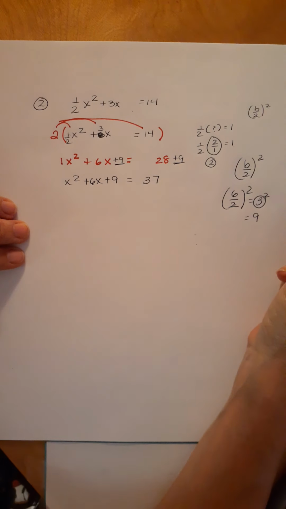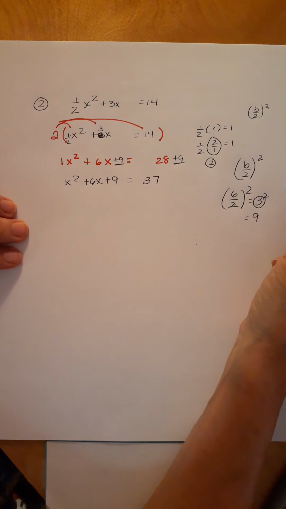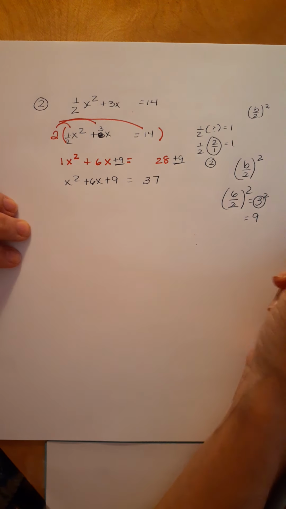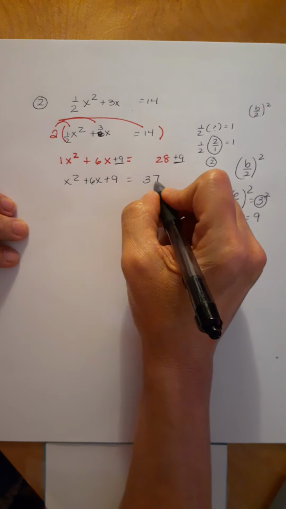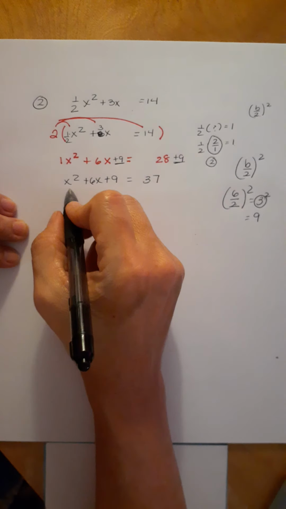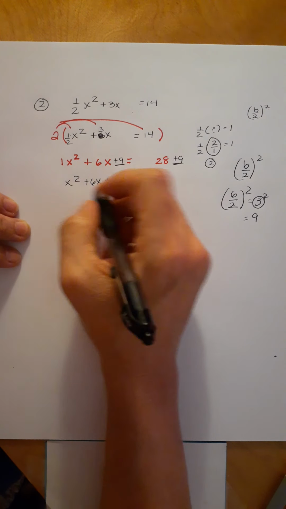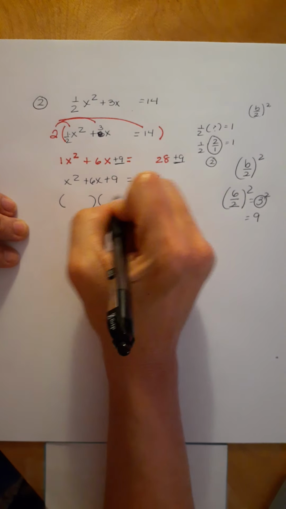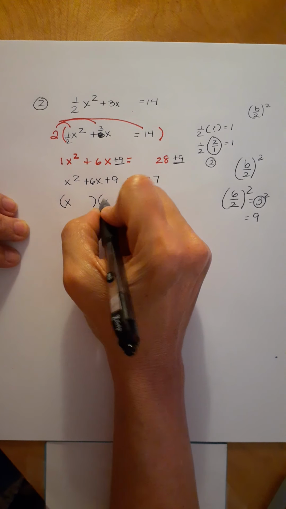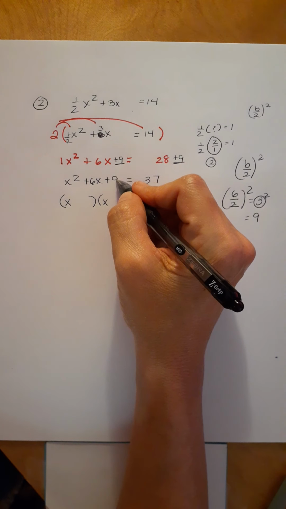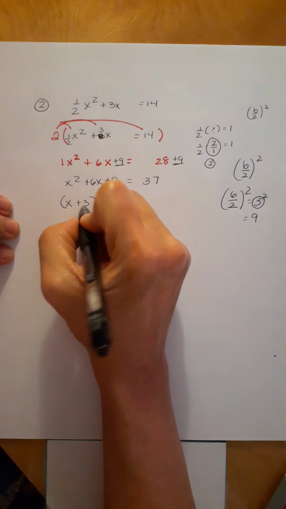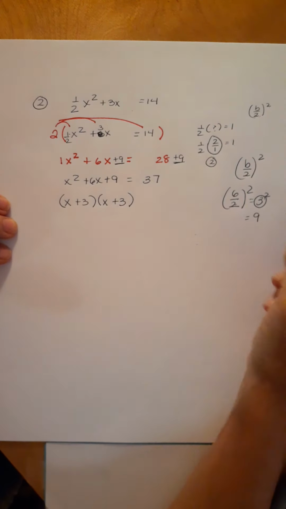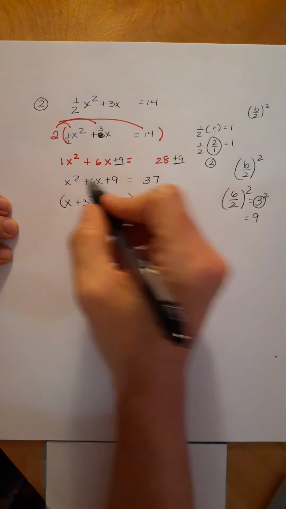All right. Now this one kind of looks easier, but it's going to come out a little ugly, I think, but not too bad. All right. So we're going to have to find the perfect square of 37 and the perfect square here. This one, let's go ahead and figure it out. X squared is x times x, and 9 is 3 times 3, there's my number, and it's positive, plus 3, plus 3. 3 times 3 is 9, and 3 plus 3 is 6.